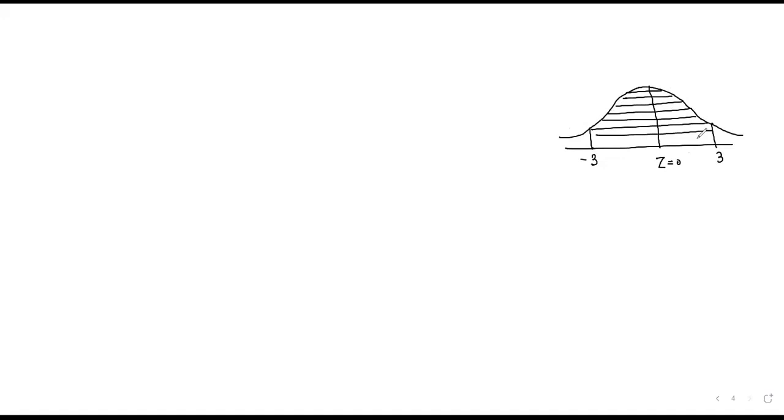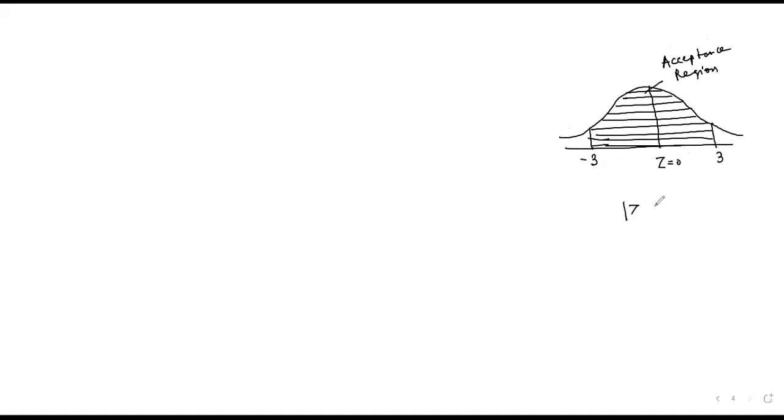Remember that if I draw a normal curve like this, and select the point -3 on the left and +3 on the right, and this is the standard normal curve, this region that I'm shading is called the acceptance region.